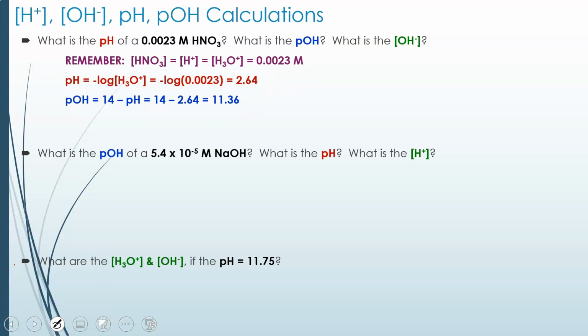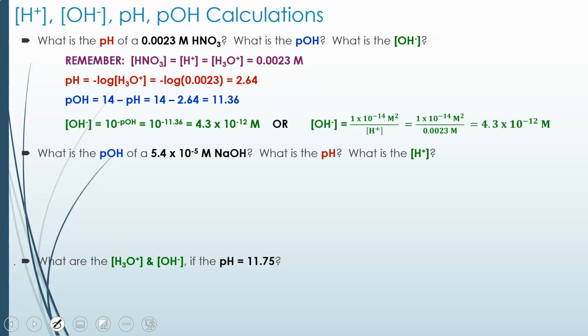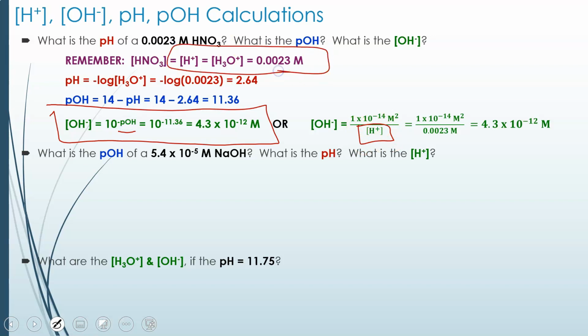And then, now that we have our pOH, we can use that to calculate our OH minus from our pOH, or we could use our proton concentration. Remember, that's the same thing as our hydronium ion concentration, and we could use that directly to get our OH minus concentration. So we can go either way.